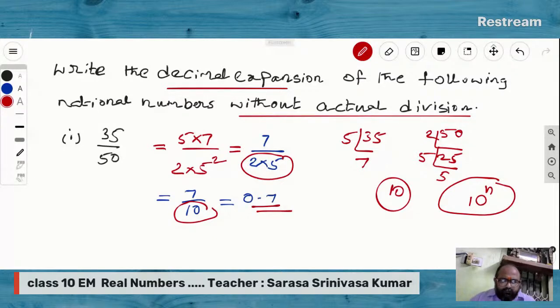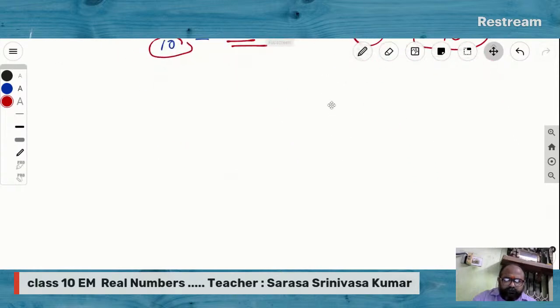So this is the problem: 35 by 50. 35 can be written as 5 multiplied by 7. 50 can be written as 2 multiplied by 5 square. After cancellation, we get 7 by 2 multiplied by 5. So 2 multiplied by 5 is 10. Therefore, 7 by 10 equal to 0.7. This is how, without actual division, we converted the given rational number p by q in the form of a decimal number. Now we consider next problem, second problem.